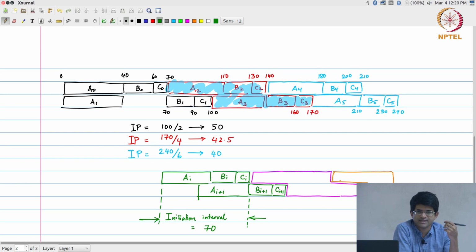So in other words, what it is saying is, every 70 time units I can initiate one new execution of this combined system, which will basically finish 2 iterations of my original data flow graph.